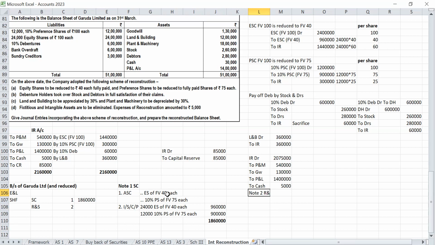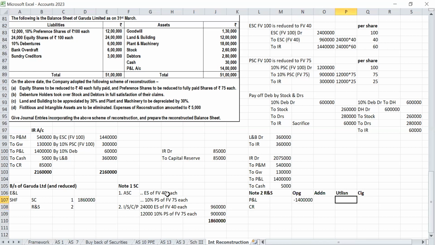Note number 2, reserves and surplus. We are having only 2 reserves and surplus: P and L, capital reserve. Correct? Yes, sir. Opening, addition, utilization, closing. Opening balance P and L negative 14 lakh.